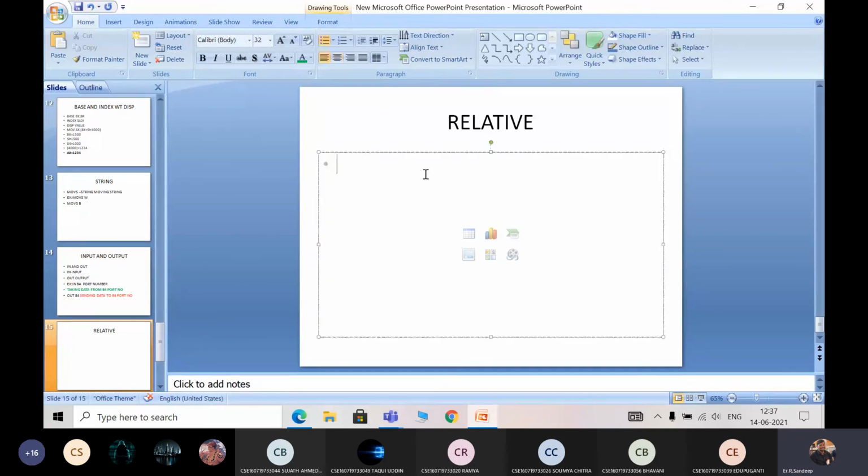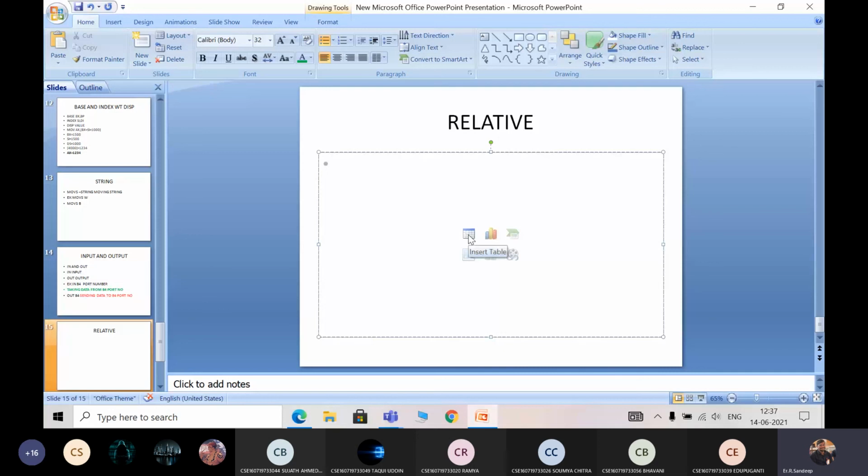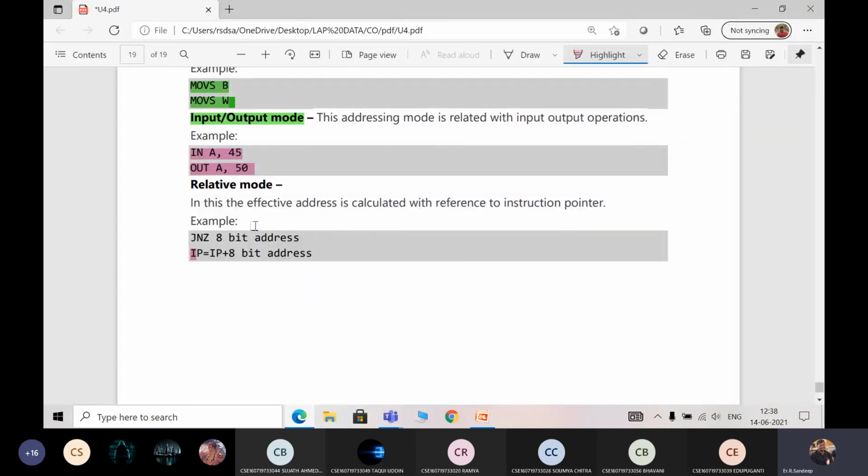For example, suppose you are taking either 64 or 75. If the instruction pointer value is 100, then IP = 100 + 64, so you will get 164. The 164 is the instruction pointer pointing to the base location. That is the way of calculating the effective address.